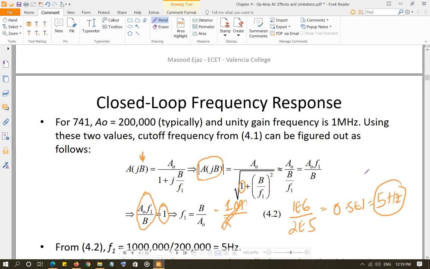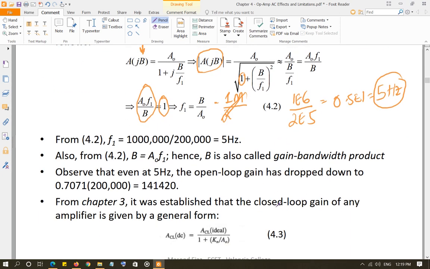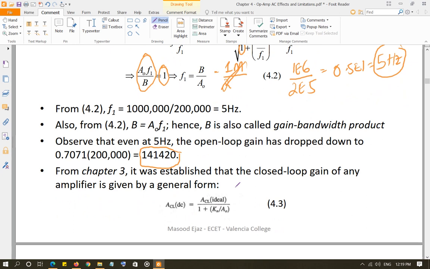As you start increasing frequency, you get to 5 hertz, such a small difference between DC and 5 hertz, and your open loop gain has already dropped down to 70.7% of 200,000, 1 over square root of 2 times 200,000, right? So at 5 hertz, it is already down to 141,420 from 200,000. So you can see how dependent the open loop gain is on the frequency of your input signal, the operating frequency of the input signal.